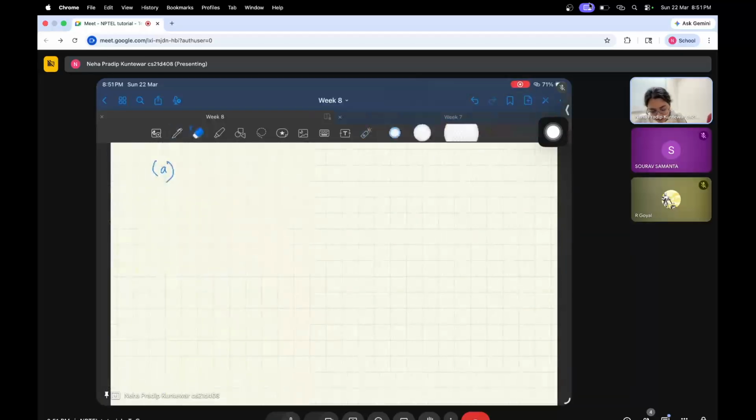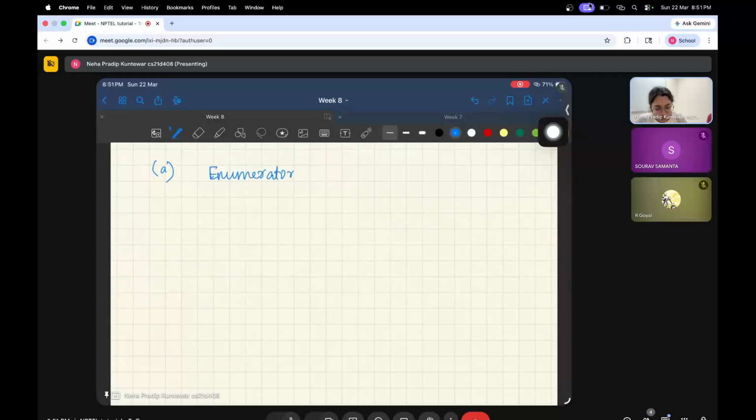Let's say you have an enumerator E, and the language is the language of the enumerator. We want to come up with a Turing machine M such that the language of M is the same as L. So what does it do?